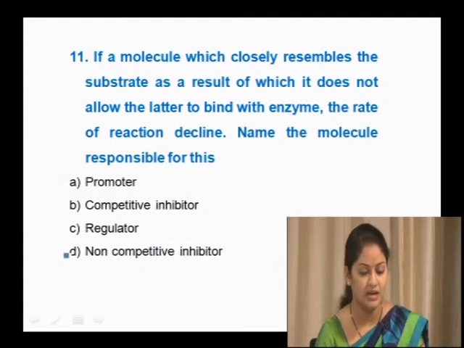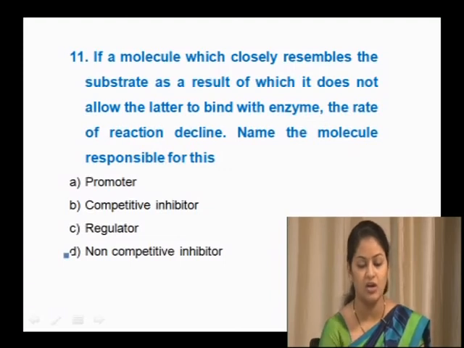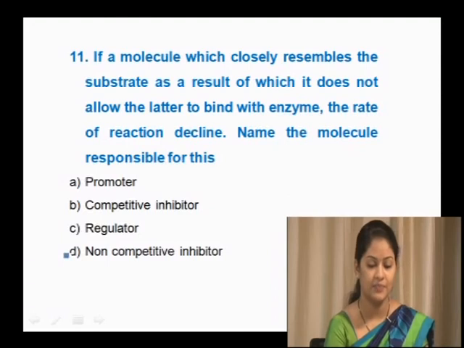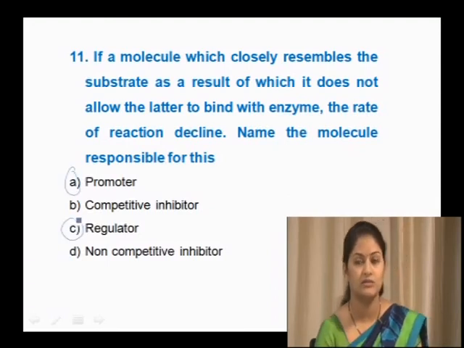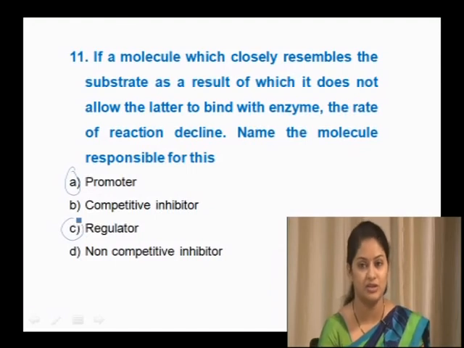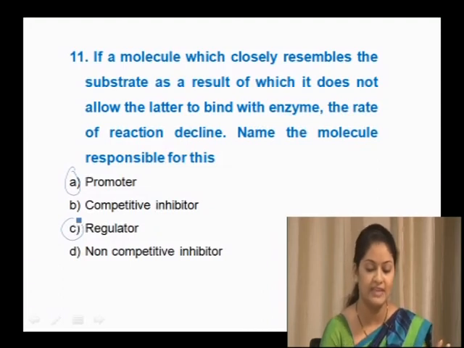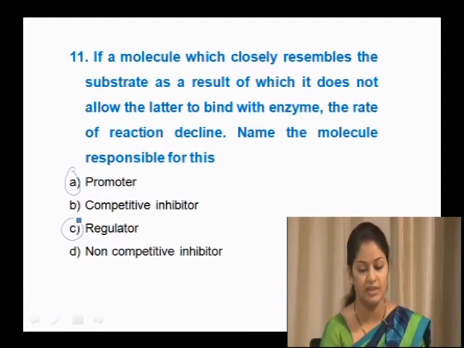Options given here are promoter, competitive inhibitor, regulator and non-competitive inhibitor. So be clear with this. Promoter and regulator are not associated with enzyme action at all. Therefore, those two are not the right answers. So exclude them. We are left with competitive inhibitor and non-competitive inhibitor.